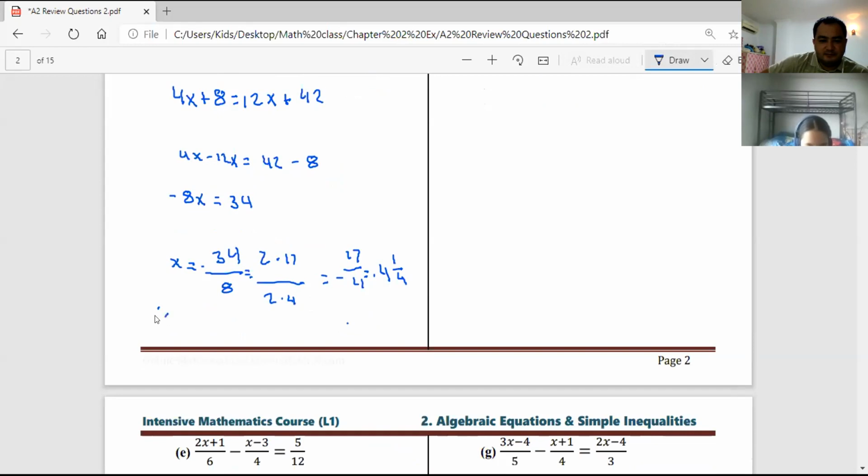So x equals minus 4 and 1 over 4. Good, very good. That looks like a y.